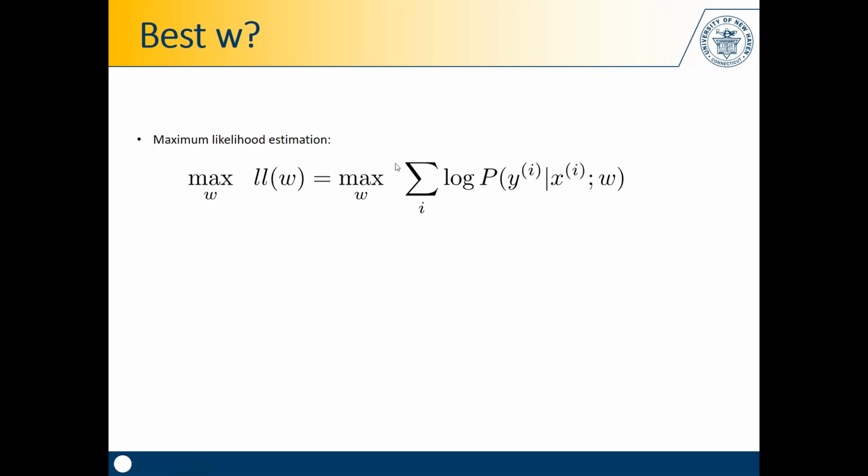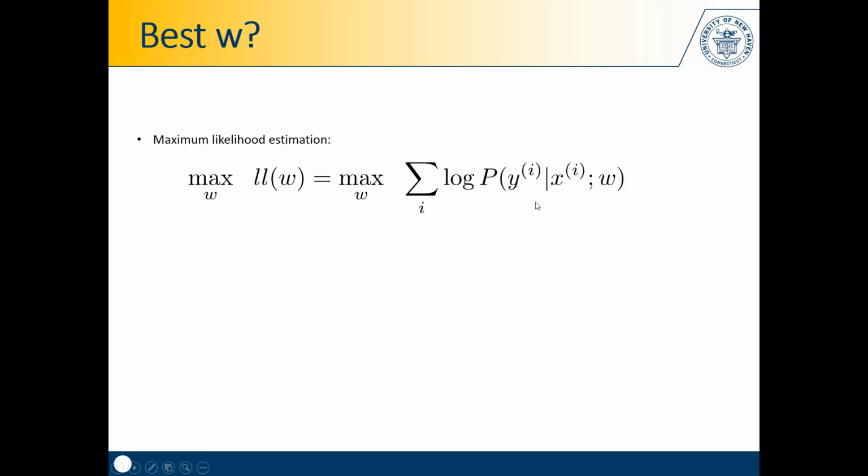Now, this is very cryptic. Let me break it down. We have I samples in our training data set, right? Each sample is the feature representation of an email and the correct label. Essentially what we are doing in here is calculating the probability for each sample.